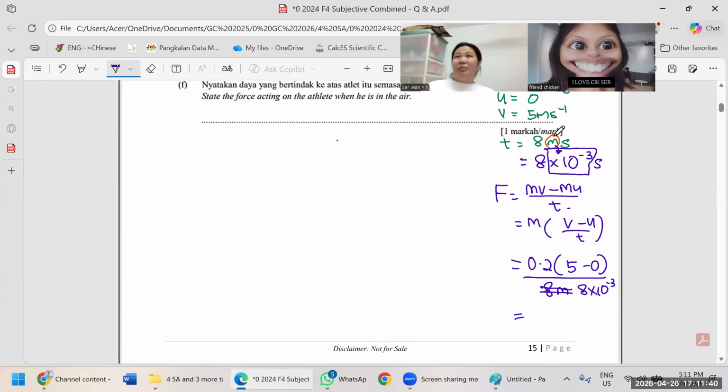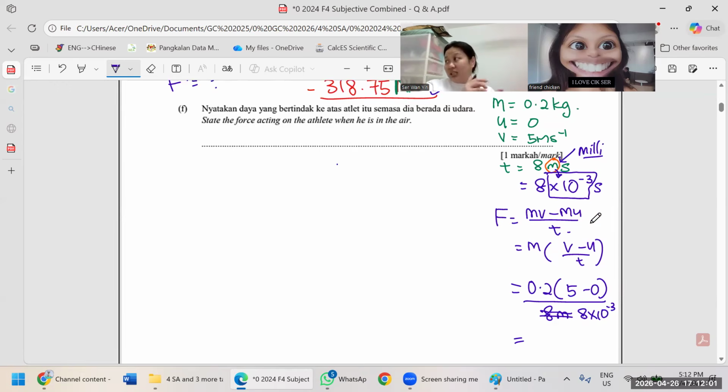Remember, this is not meter per second. This is called the milli prefix. Be careful. Normally, in questions on force, they will purposely change to milli and confuse you. The answer is not important. The important thing is you know the concept and you are alert to milli.